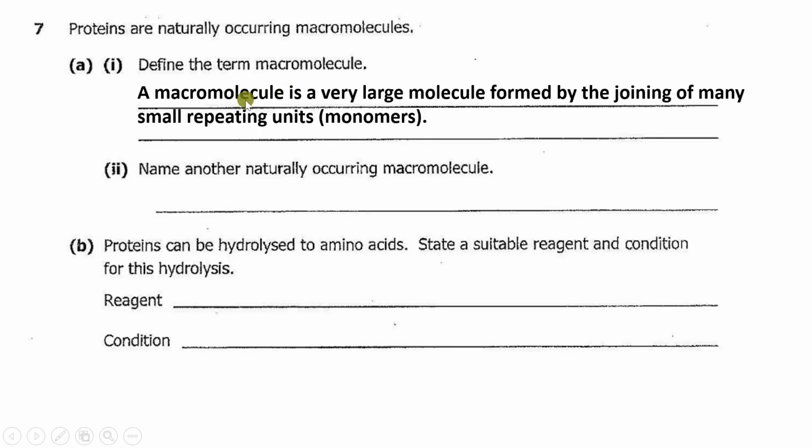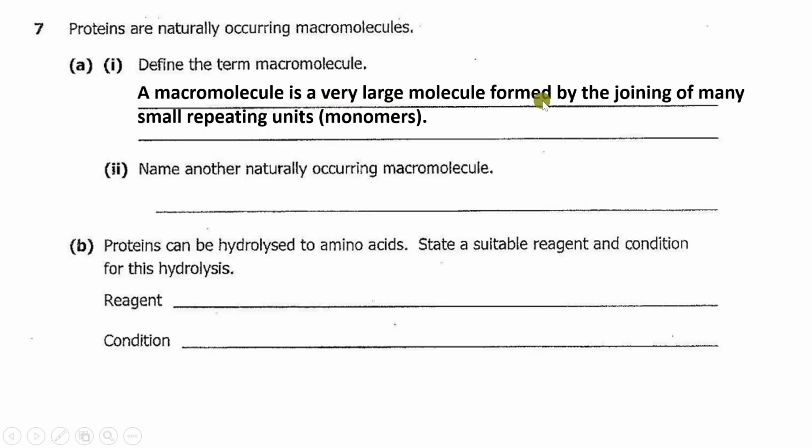I'm saying a macromolecule is a very large molecule formed by the joining of many small repeating units or monomers. The word macro just means large. So macromolecule is a very large molecule.